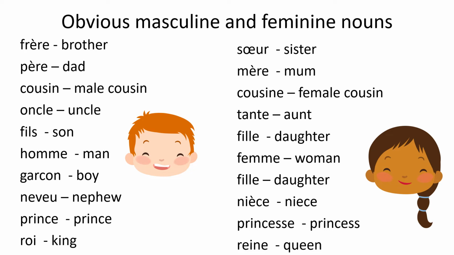Sœur, la sœur, ma mère, la cousine, la tante, une fille, une femme, la fille, ma nièce, la princesse, une reine. So they all take the feminine pronouns. So that one's dead easy. So if it's a boy, it takes the masculine. If it's feminine, it takes the feminine one.